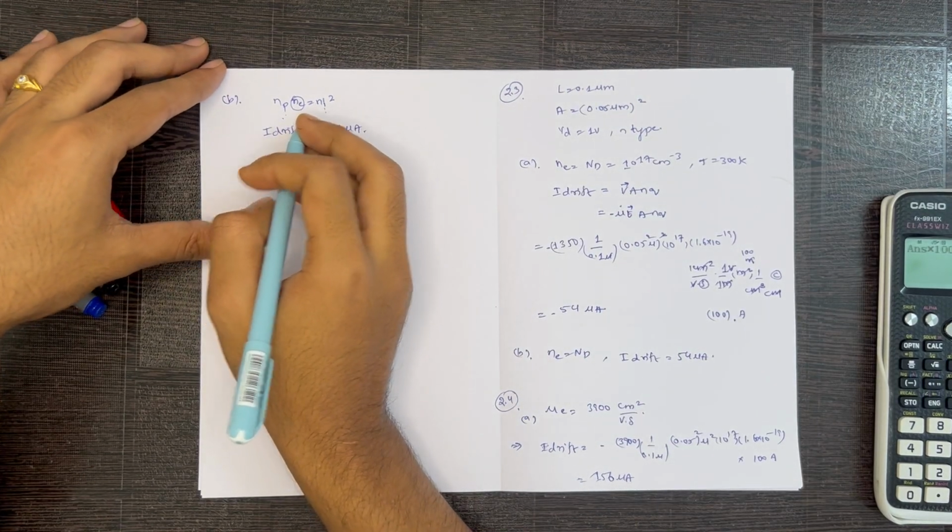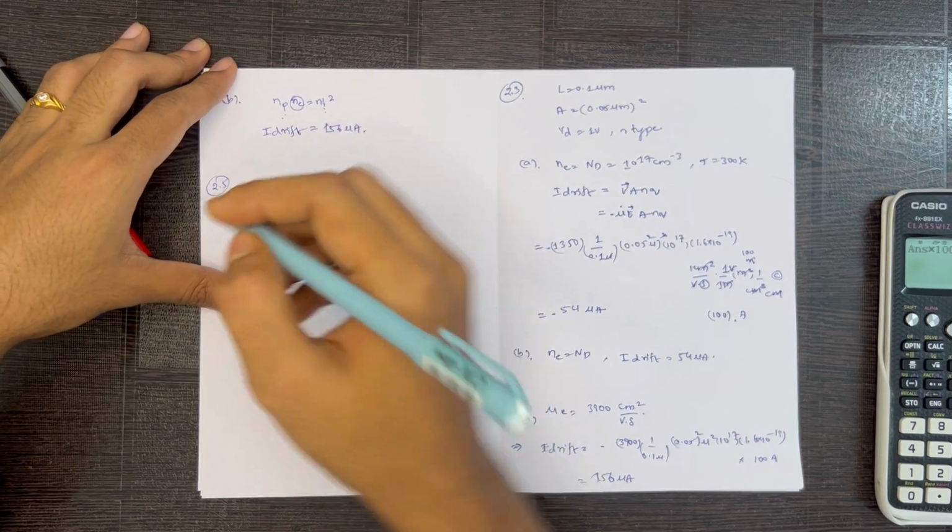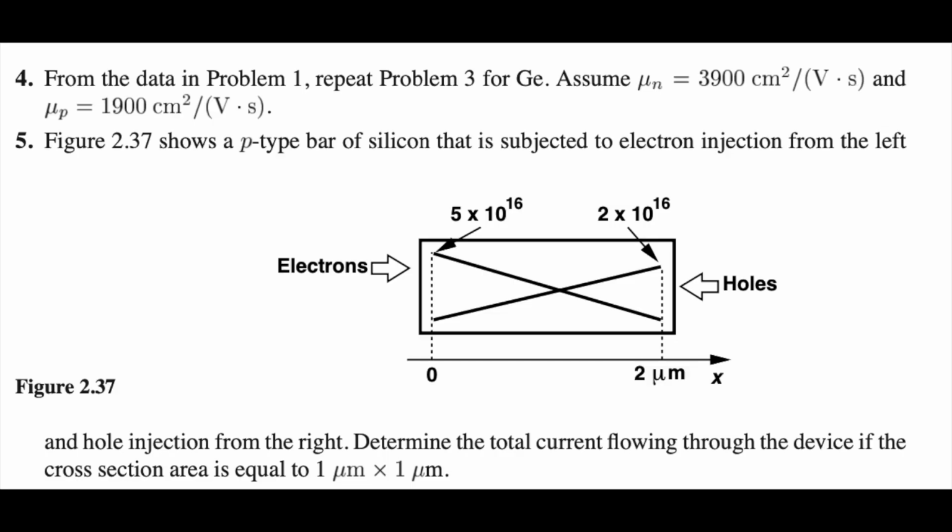Now let's move on to the next question. In figure 2.37, it shows a p-type bar of silicon that is subjected to electron injection from the left and hole injection from the right.